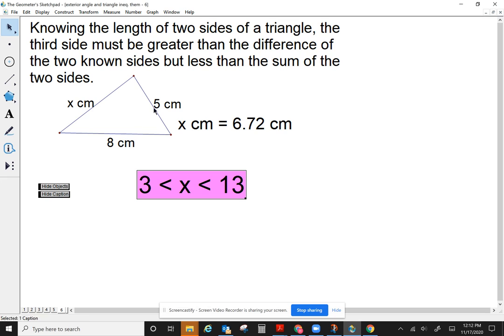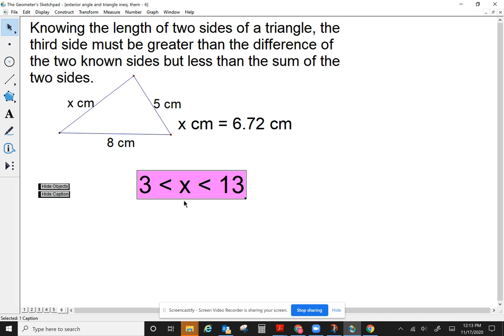I gave you 8 and 5 to begin with. If you subtract those two numbers, 8 minus 5, that gives you the small number. What if you add the two numbers? 8 plus 5 gives you the big number. So to get the small number, subtract the values I gave you. To get the big number, add the two numbers I gave you.